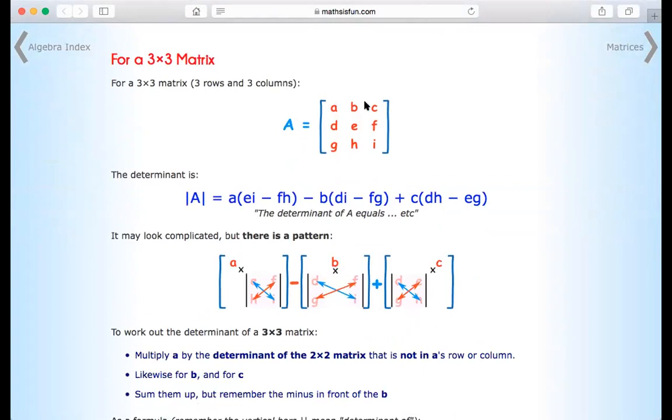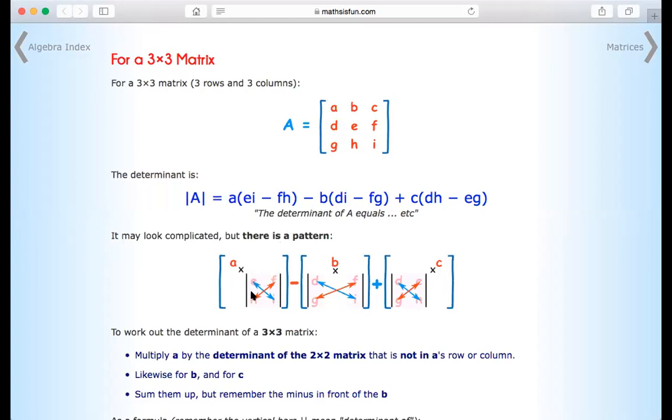If you have a 3x3 matrix, in the case we have, if we are doing r vector cross mv, then ijk goes here, rx, ry, rz, and then mvx, mvy, mvz goes there. You are going to take the first one in the matrix and multiply by, then you cover this line and cover this line. So A multiplied by the determinant of this 2x2 matrix. For the 2x2 matrix, it's up in the page, so you can check on that.